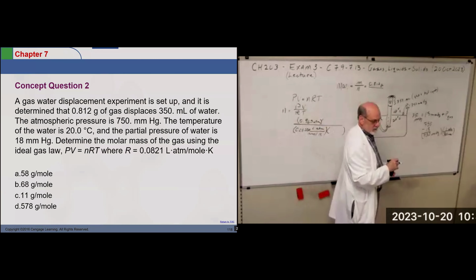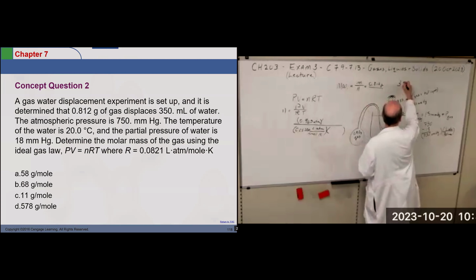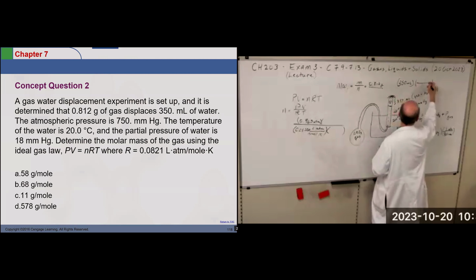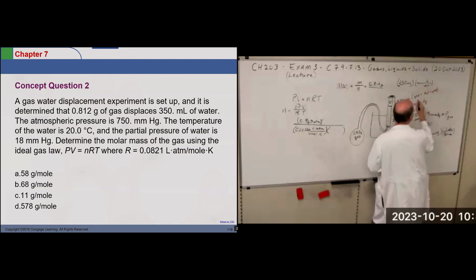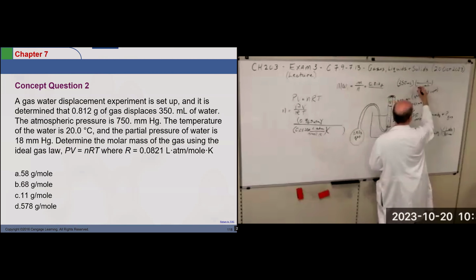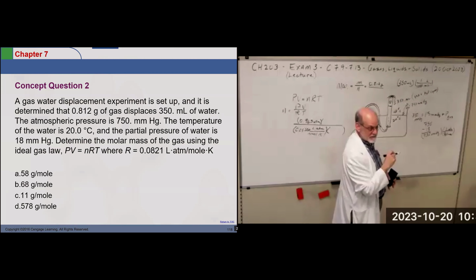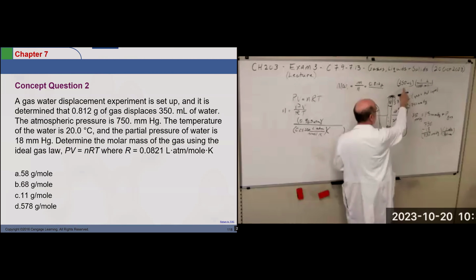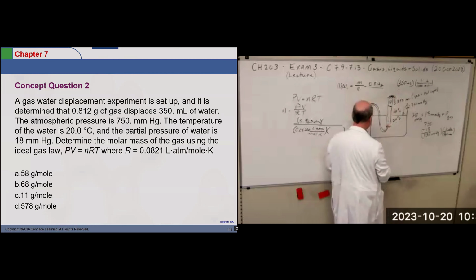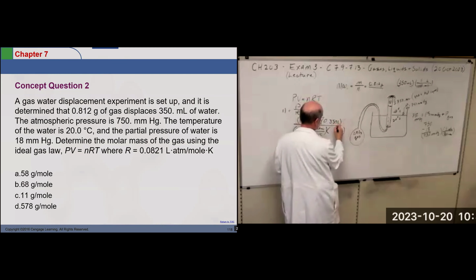Well, if you do it enough, you can do it in your head. But if we use dimensional analysis, 350 milliliters, convert it to liters. What's the relationship between milliliters and liters? There are 1,000 milliliters in a liter, correct? So if we divide this by 1,000 or move the decimal 3 places to the left, we get 0.350 liters.